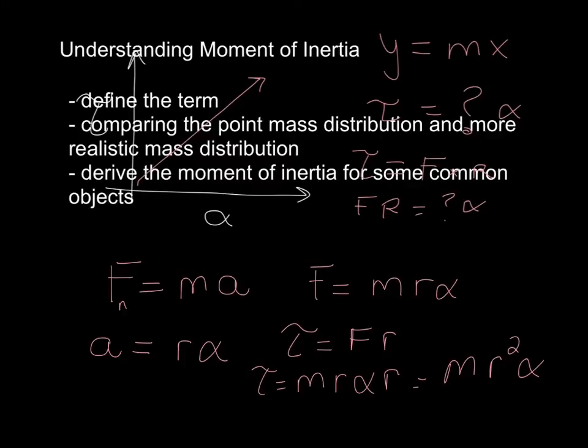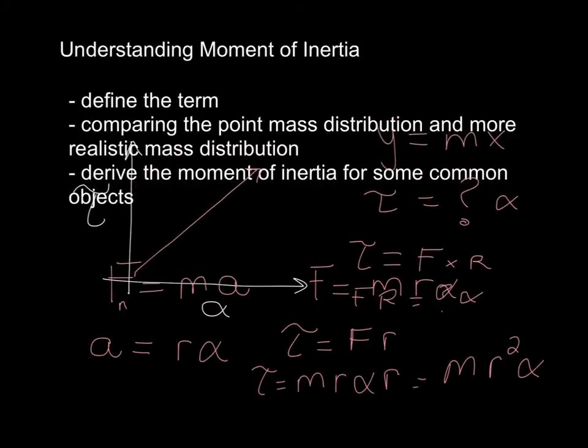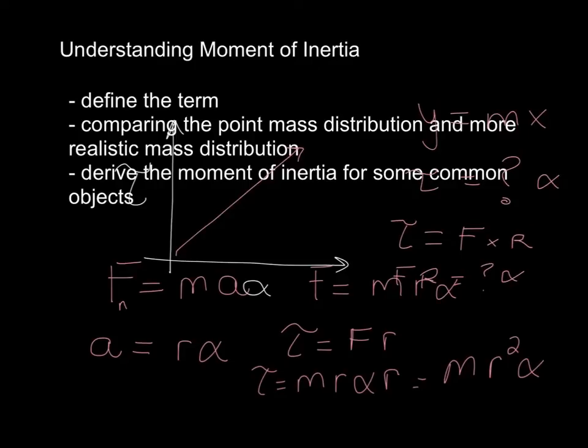And that m r squared alpha is the function of the graph that we had right over here. The m r squared term is the slope. And so we had pinpointed in the lab that the mass of the rotating object, after all, that's what's turning, and the radius at which the force is applied to it, are the two most important variables in figuring out what this proportionality constant is.